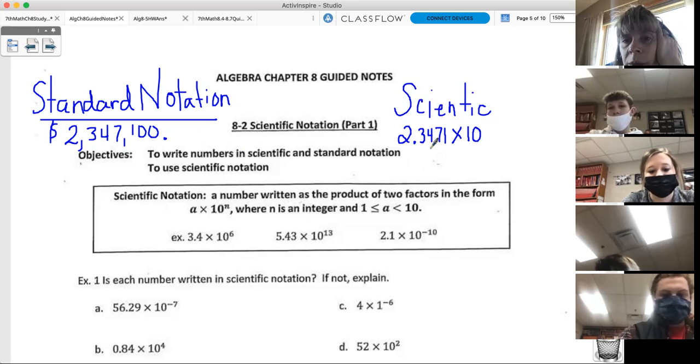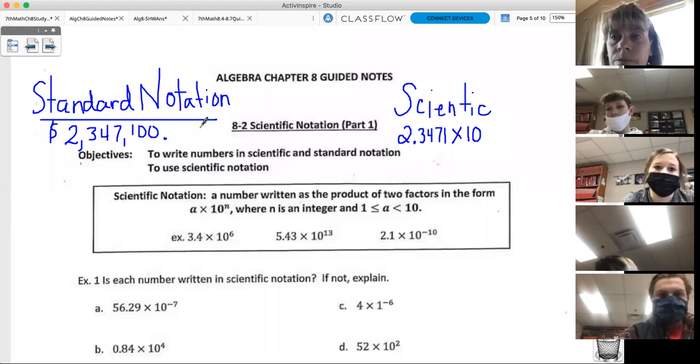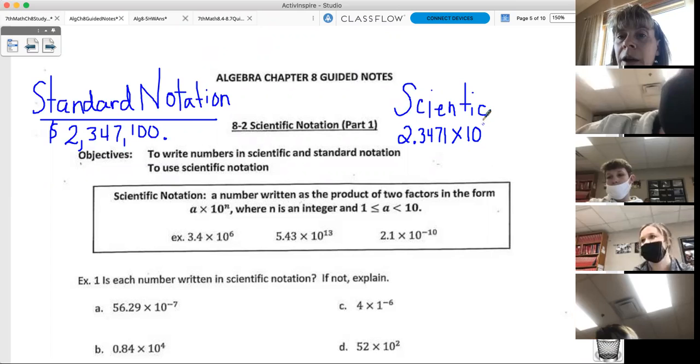So what power of 10 would I have to multiply 2.3471 by in order to make it equivalent to 2,347,100? Does anybody know? How many times I'd have to multiply this number by 10? 6. Yeah, how do you know?